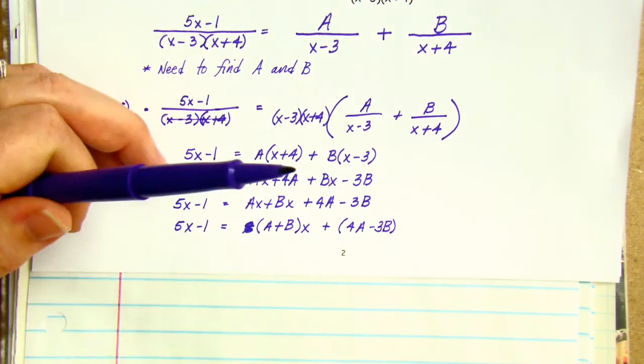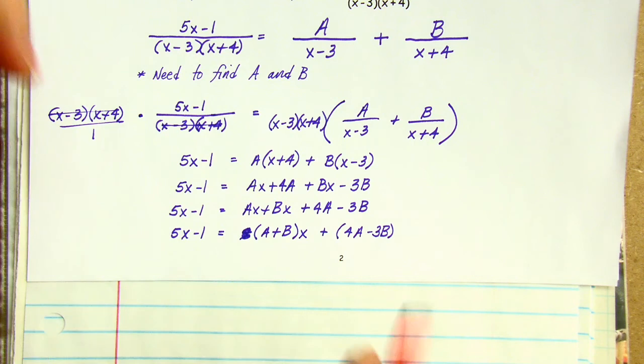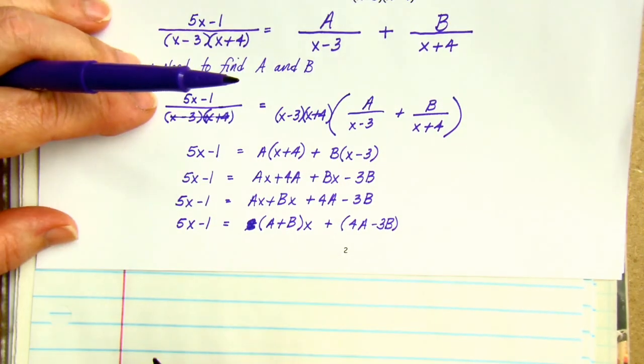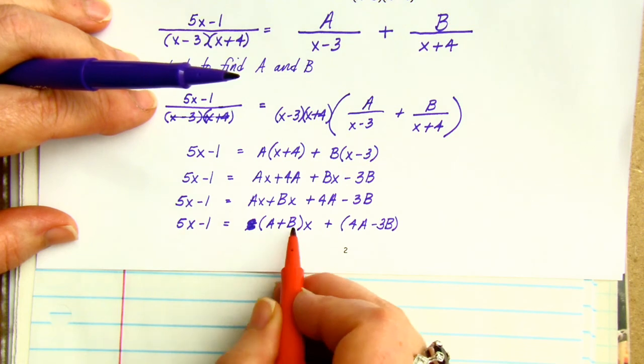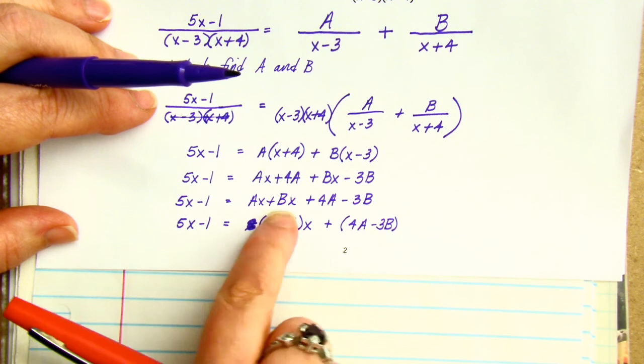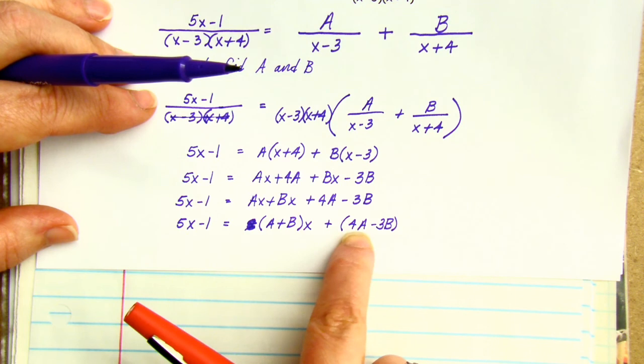Well, guess what? If the left side and the right side of the equation are equal, then a plus b must equal 5, right? Okay, if I cover that up, that's got to be a 5x if these are equal. And 4a minus 3b must equal negative 1.